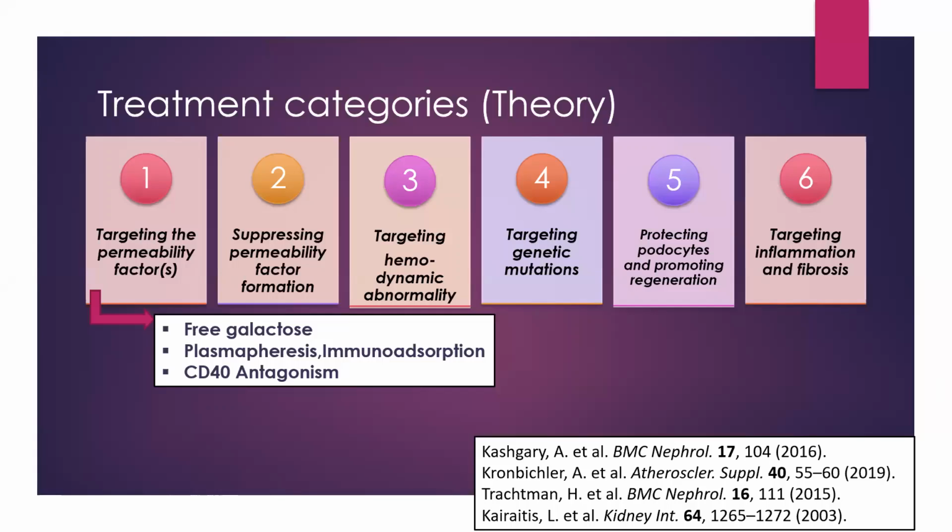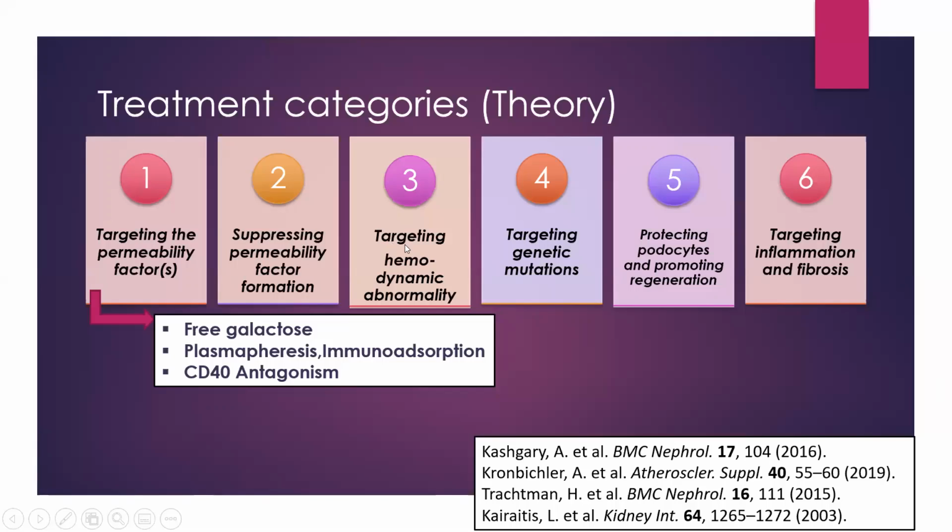Regarding the treatment categories, I'll take it this way. I have main 6 targets for the drugs that treat the FSGS. Number one is to target the permeability factors, which is already sensitized. Target 2 is to suppress the permeability factor formation.